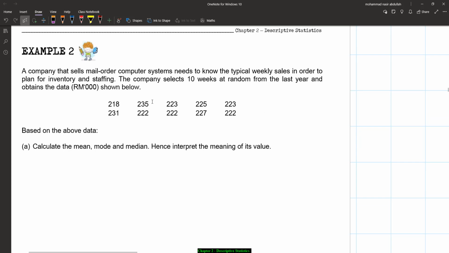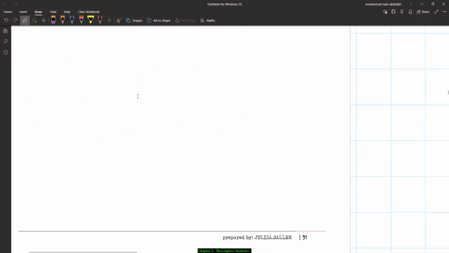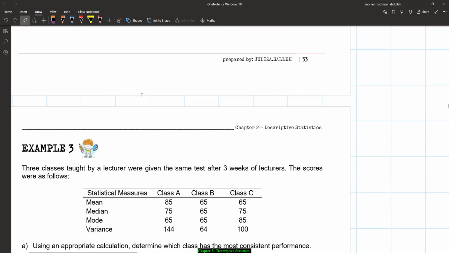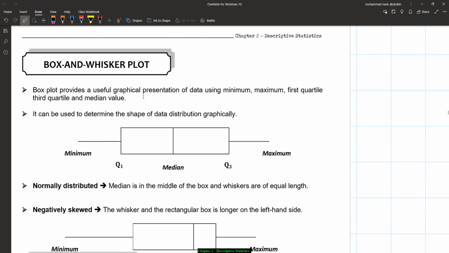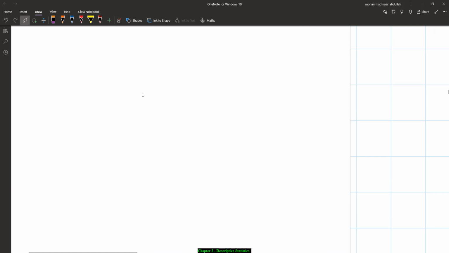Okay, now let's look at this data. Question example number 2, and then kita masuk coefficient of variation. And we will start at coefficient of variation lah.